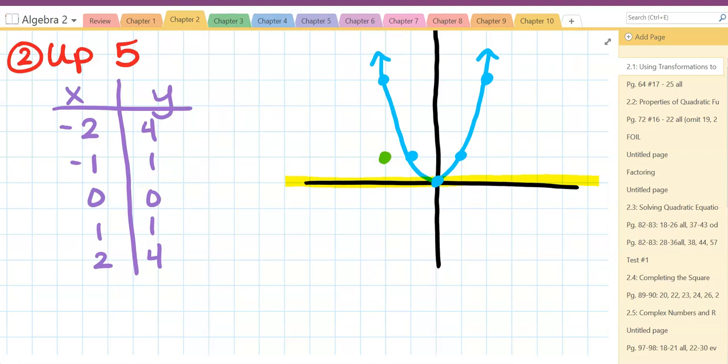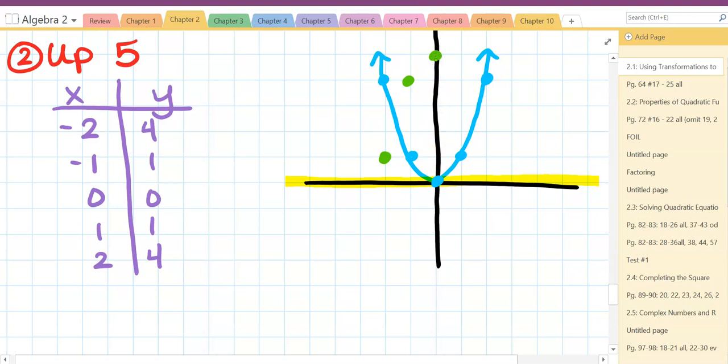For the (-1, 1), if I reflect it, it's at (-1, -1). And then I go up 5. For (0, 0), when you reflect it, it's going to stay on the x-axis because it's already on the x-axis, so when it reflects, it's going to stay there. So I just have to move that point up 5.